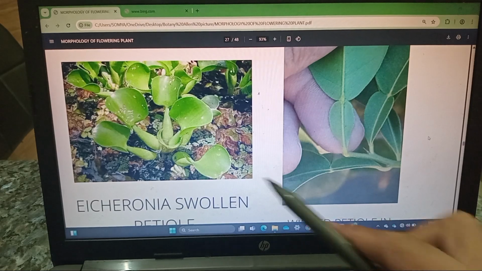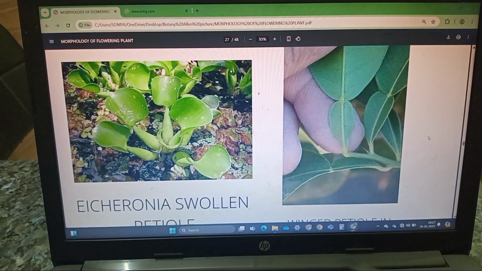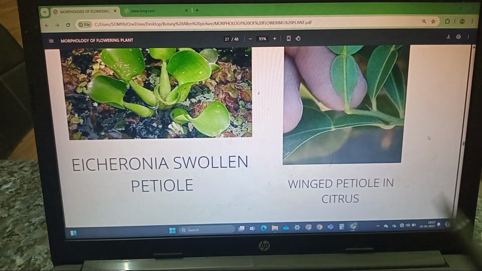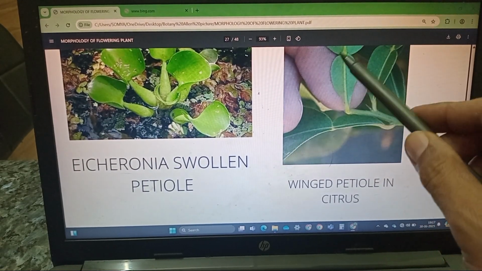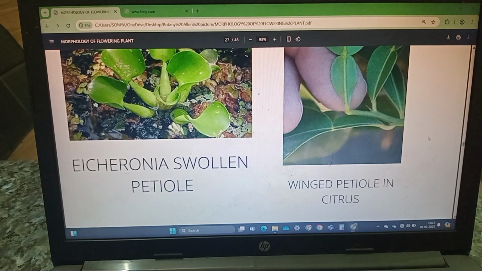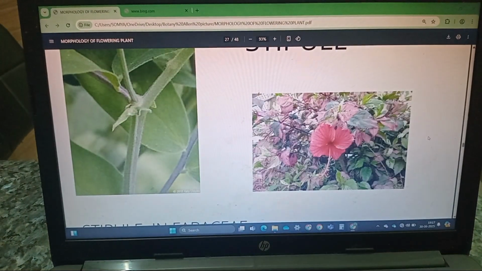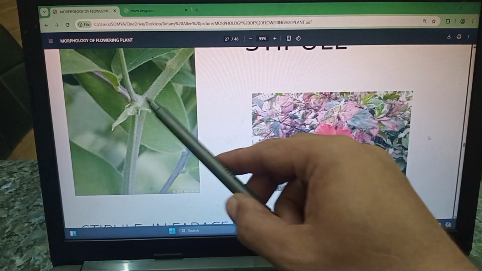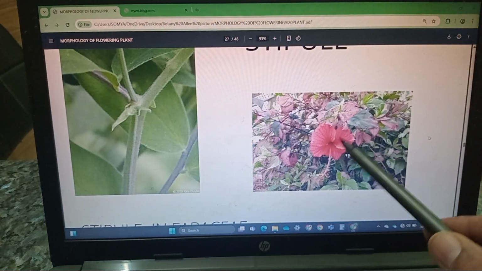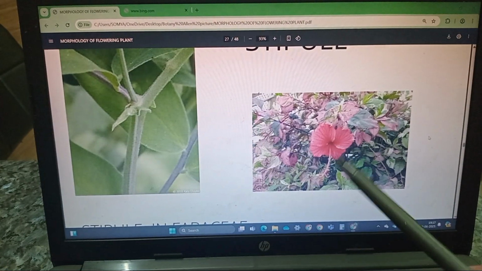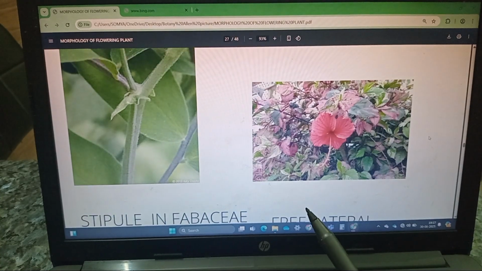The petiole is very much swollen in the case of the Eichhornia. In citrus plant, you will see that there is in the form of wings. The petiole is enlarged with the wings. Then this is the stipule. If you want to see the stipule, go to the hibiscus. You will find there is stipule in the leaves.